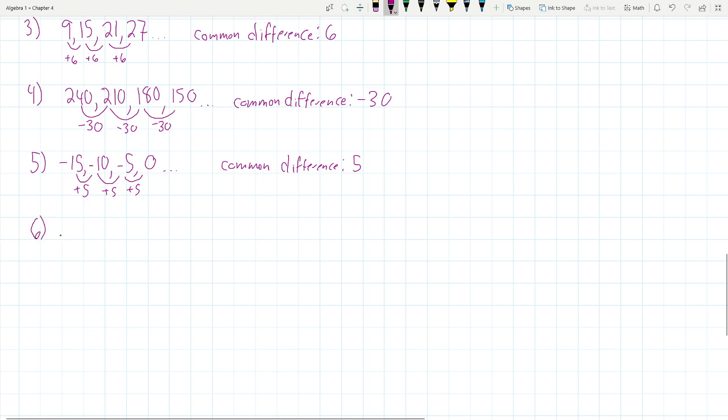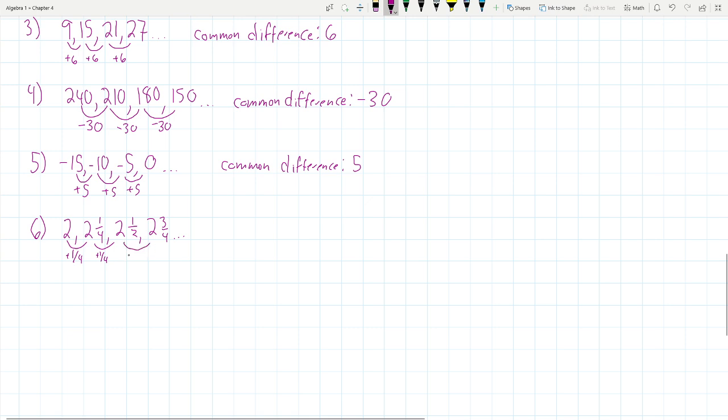Number 6. 2, 2 1/4, 2 1/2, 2 3/4. So to go from 2 to 2 1/4, that's an addition of 1/4. From 2 1/4 to 2 1/2, that's another 1/4. 1/2 is really 2 over 4.